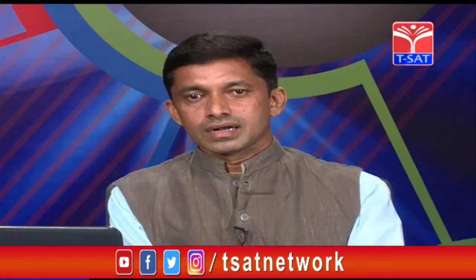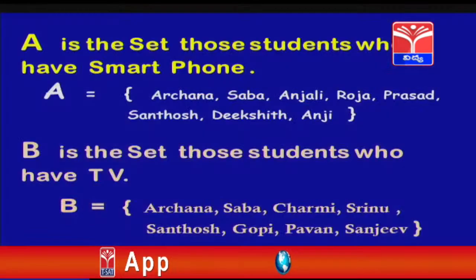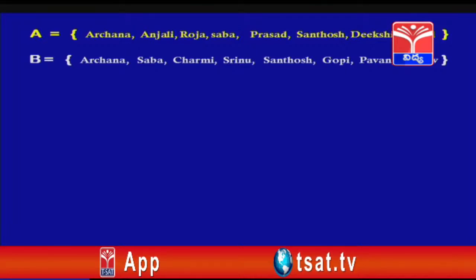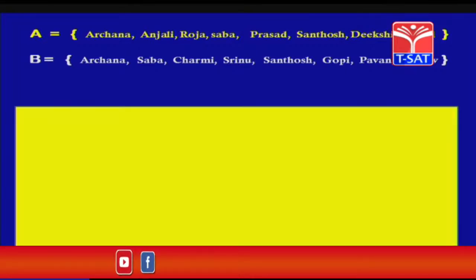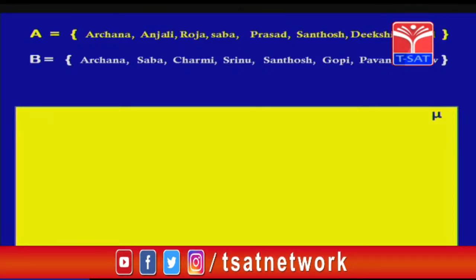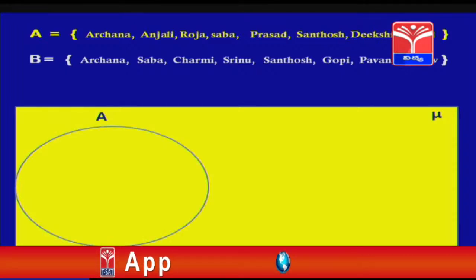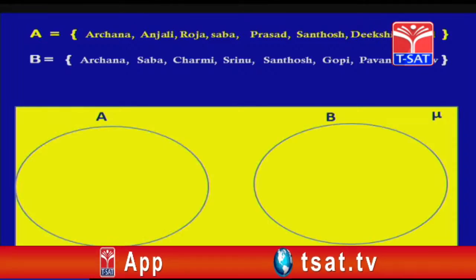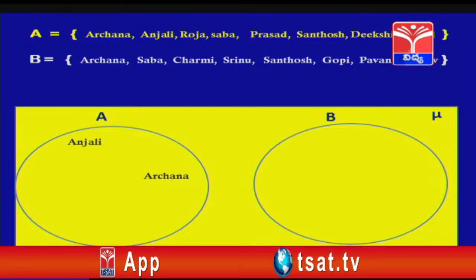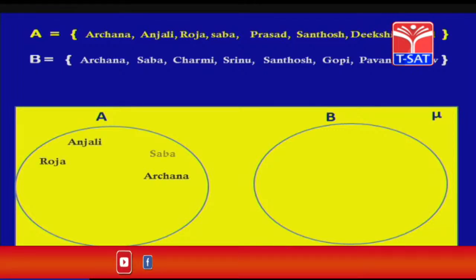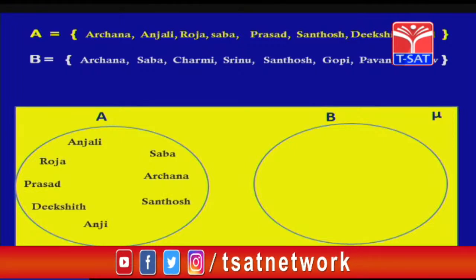Dear children, observe the elements in both A and B carefully. Now, can I represent these both sets through a Venn diagram? Yes. Mu is the set of this class. Now, see in set A: Anjali, Roja, Prasad, Dikshita, Anji.